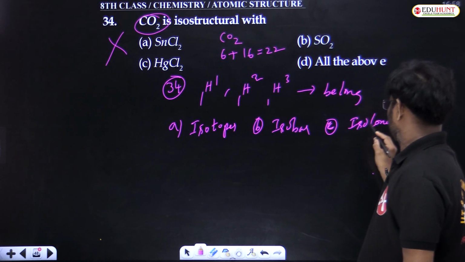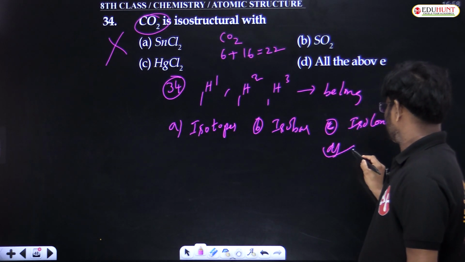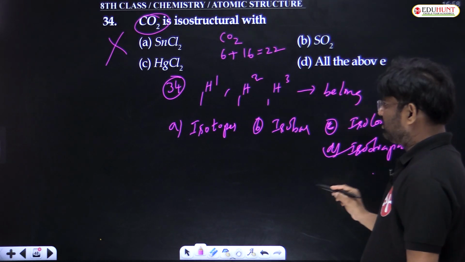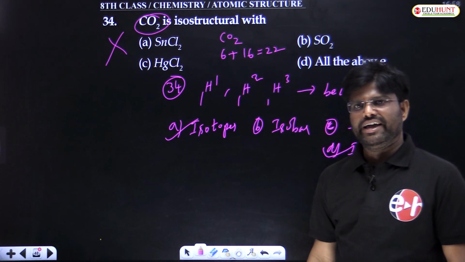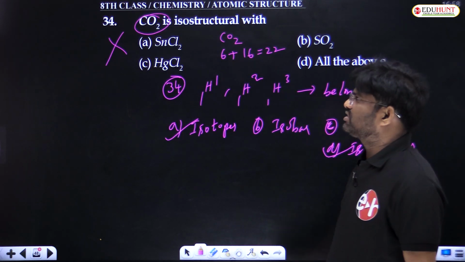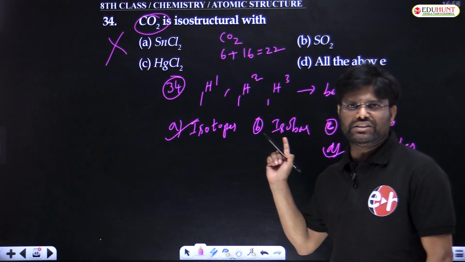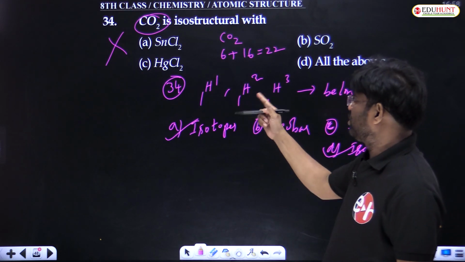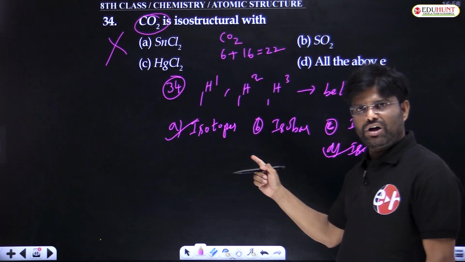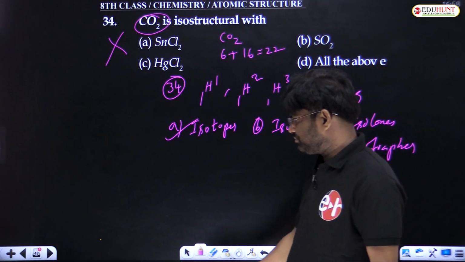D option: isodiaphers. So what is the answer? The answer is A, isotopes. This type of question I will give in the exam. So this is the 34th question. I changed the 34th question, so instead of that I have written this. So the option is isotopes.